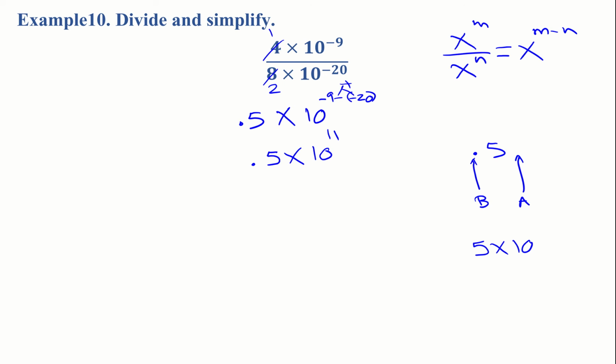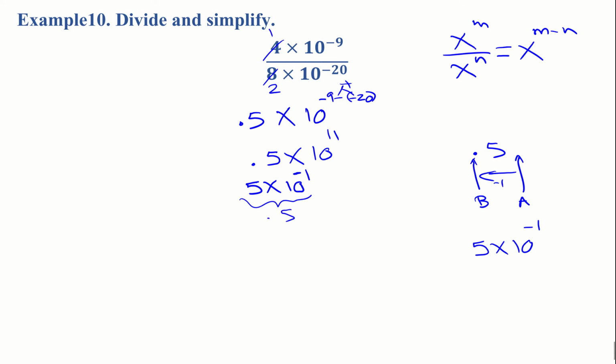Well, let's see. To get from A to B, you have to move one digit to the left. So the value of n is going to be -1. So we just wrote 0.5 in scientific notation. Okay? So we can say 5 times 10 to the -1, and all of that is just 0.5.